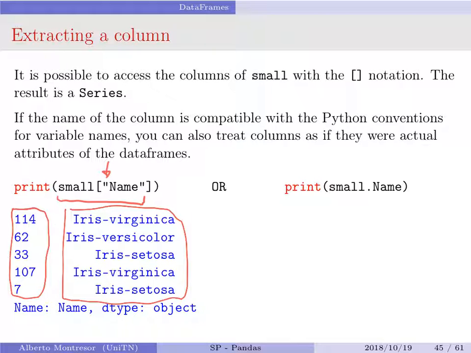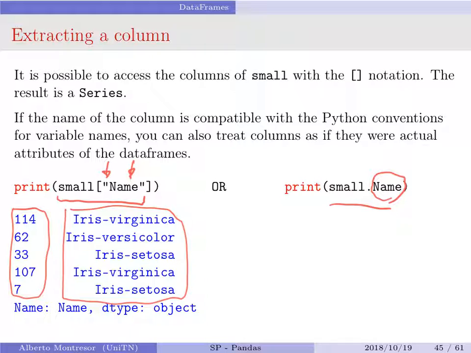Okay. There is something that I have not introduced so far, which is the fact that you can also use the name of the column as a specifier for your data frame. So this small dot name is exactly equivalent to this.